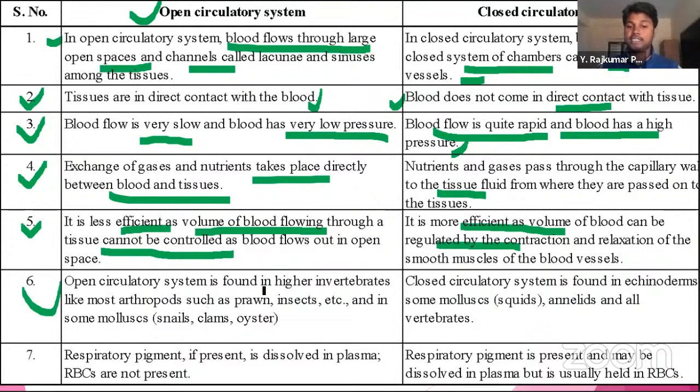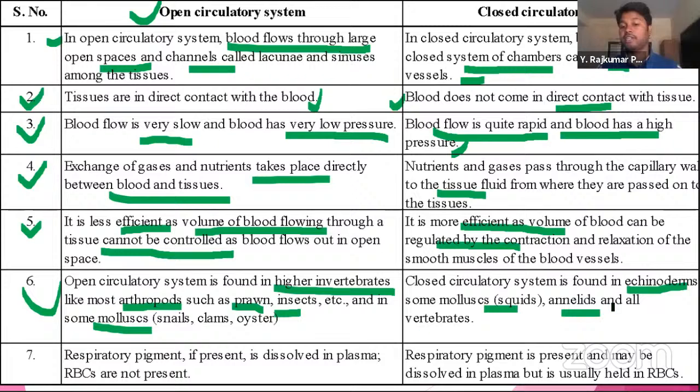Next, open circulatory system is found in higher invertebrates like arthropods, prawns, insects. These are all arthropods, and you can find this in the mollusks also. But closed circulatory system is found in echinoderms, mollusks, annelids, and all vertebrates.